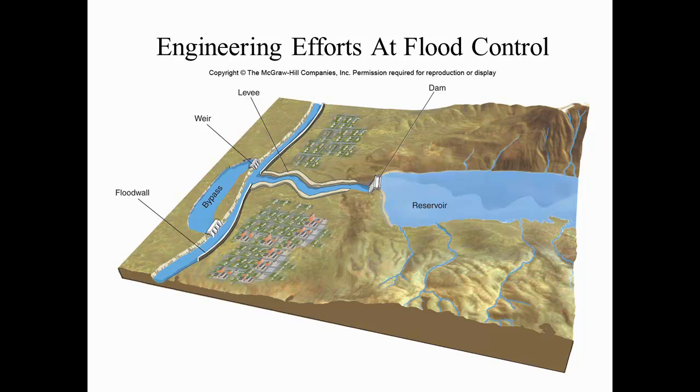Now, engineering efforts at flood control, for example, can be the construction of a bypass, the construction of artificial levees along the banks of the stream, and dams which impound water behind the structure.